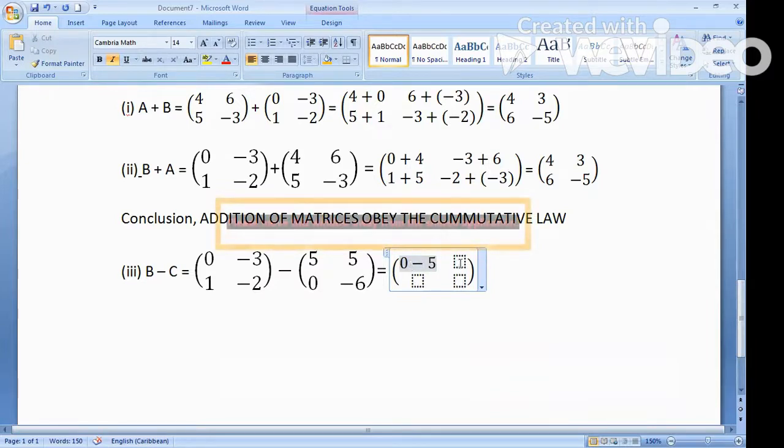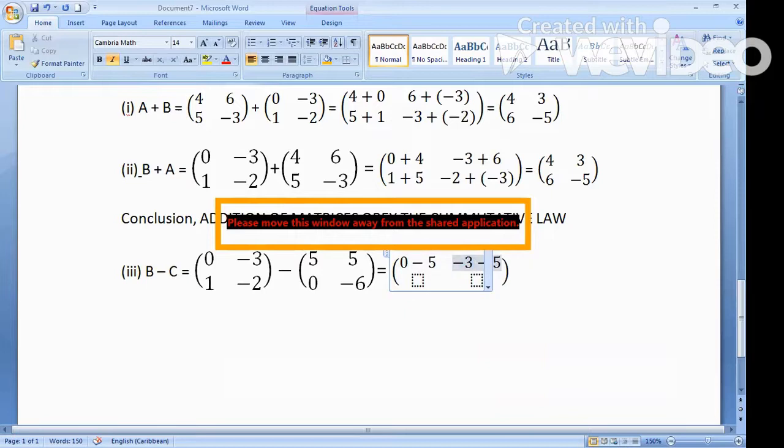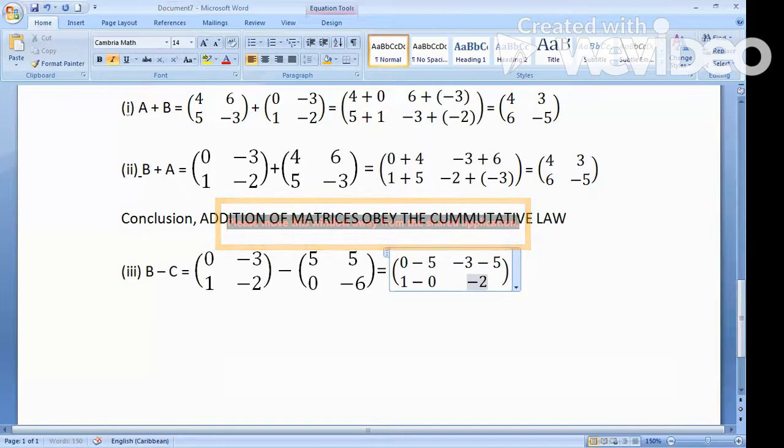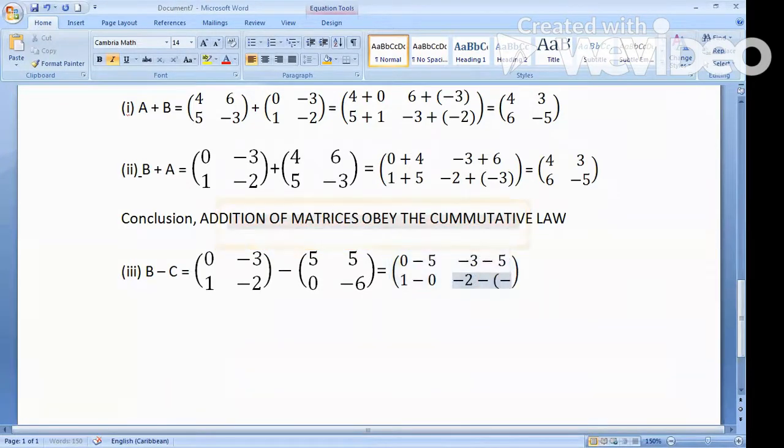And then -3 subtract 5. And then down here, 1 minus 0. And then you have -2 minus -6.